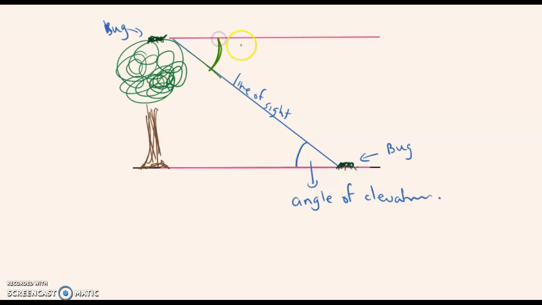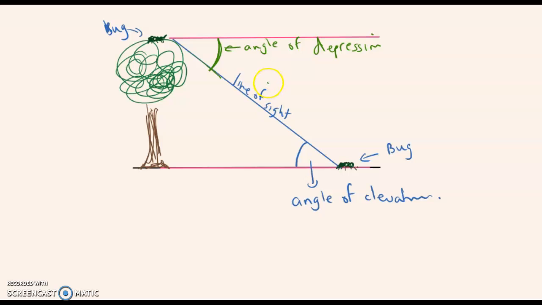This angle from here, this green angle, would now be the angle of depression. So looking down means it's depression, looking up means it's elevation. That's simple to understand because of those words, depression and elevation.